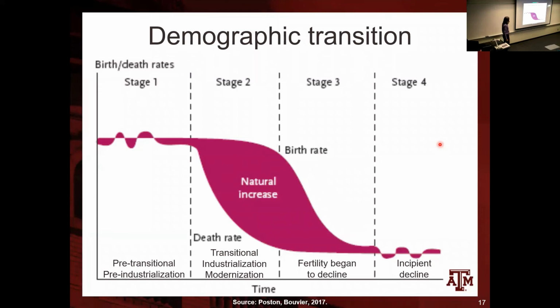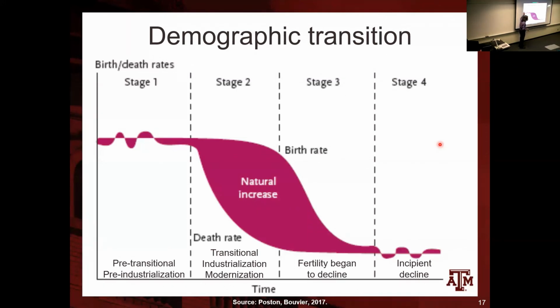In previous societies, pre-industrialization or pre-transitional societies, the birth and death rates were really, really high. In some cases more people were being born than dying, in other cases more people were dying than being born, but at really, really high levels.